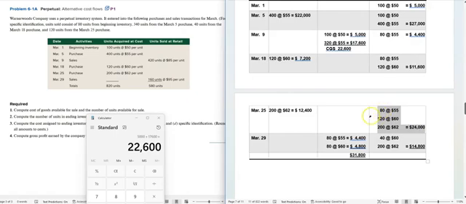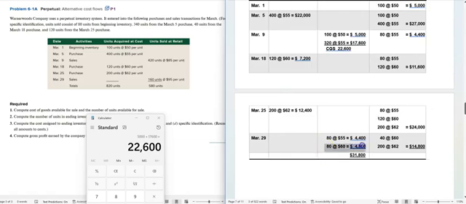First in, first out. The first layer in were the 80 at 55. 80 of the 160 sold will be assigned a cost of $55 a piece. That wipes out that layer. Go to the next first in layer using FIFO. I need another 80 cost.